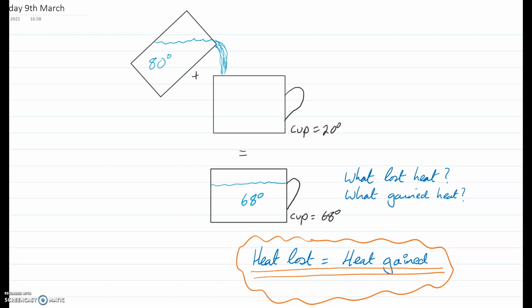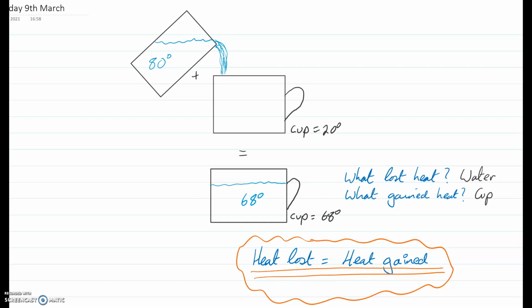The object that has lost heat energy in this case is going to be the coffee. Well, we'll just stick with water for this. Make it easy, because that's what we're going to be dealing with in the rest of the question. So the water here has lost the heat energy, but that exact amount of heat energy that it lost, the cup gained. So that is what we're basing our calculations on.